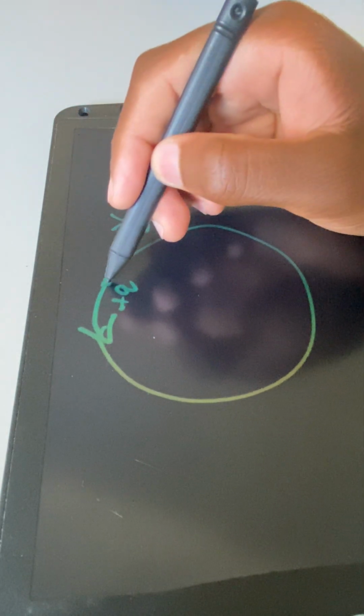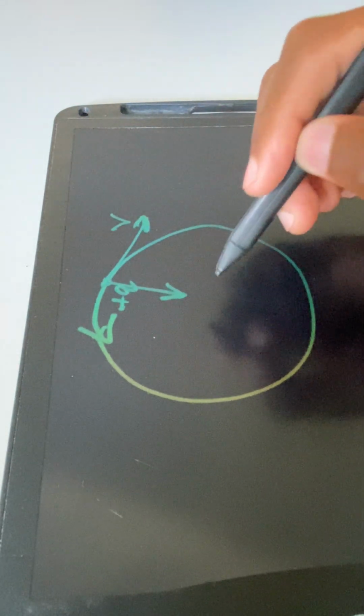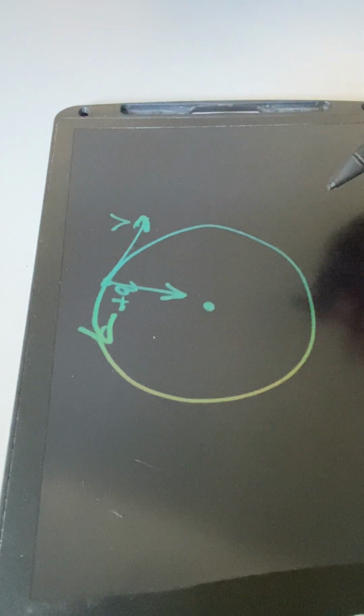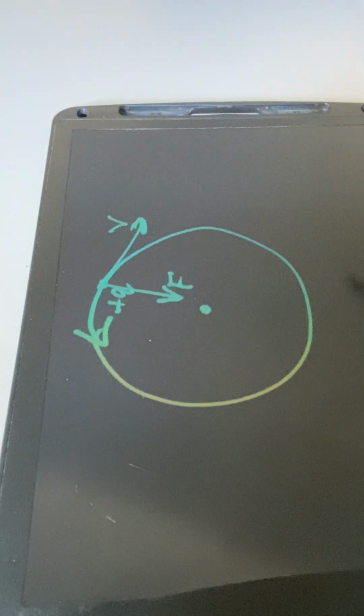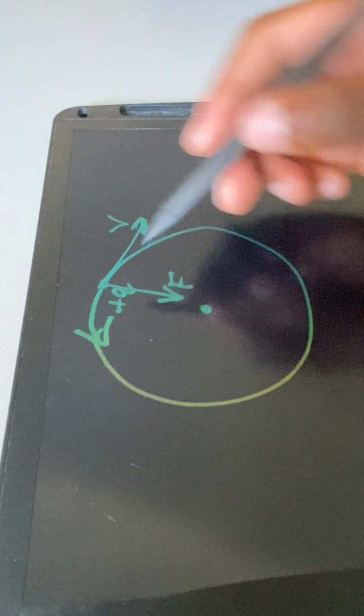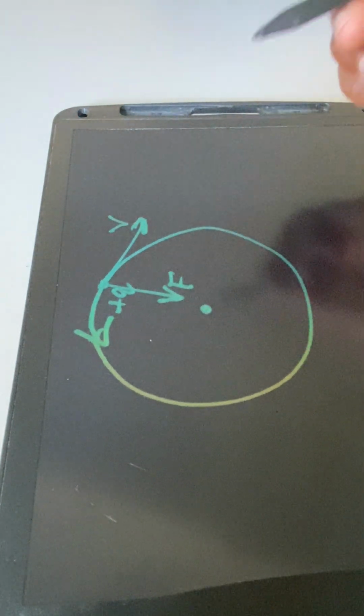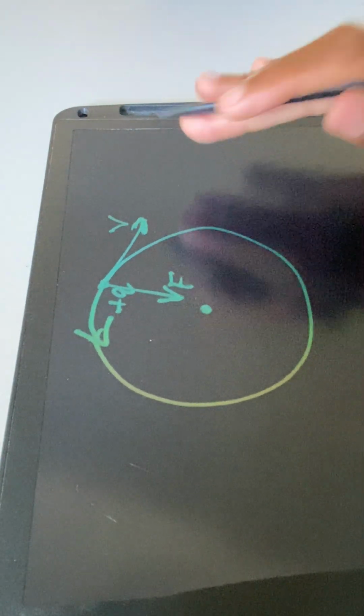We also have a force directed toward the center of the circular path, and this is your magnetic force.